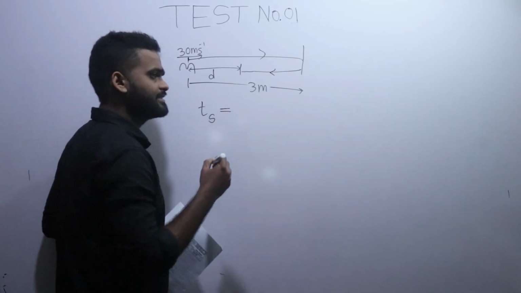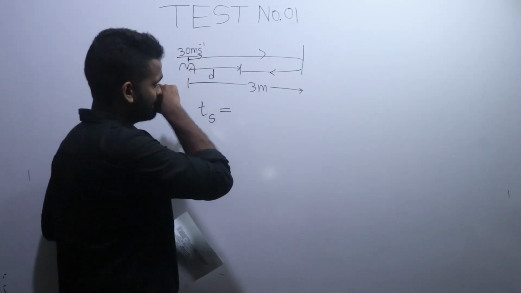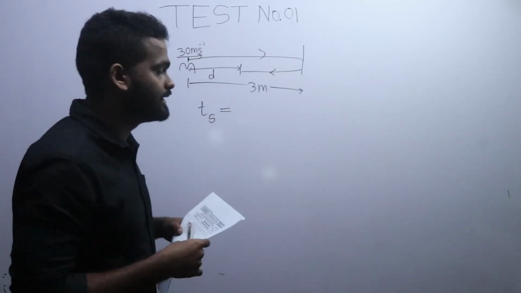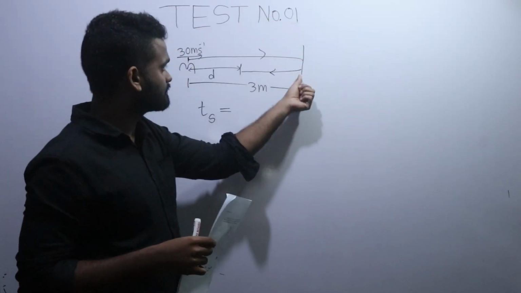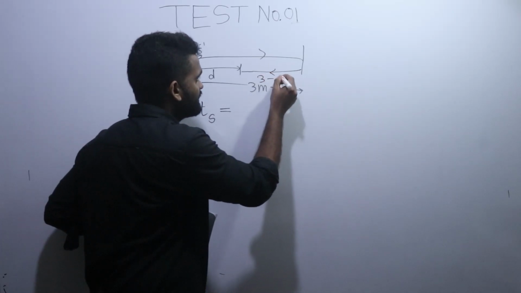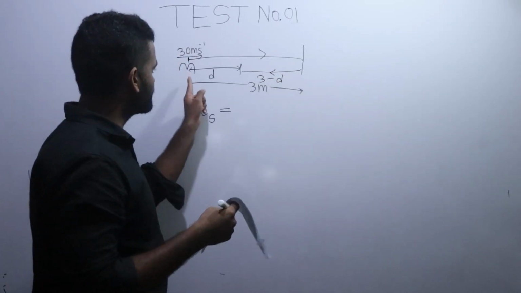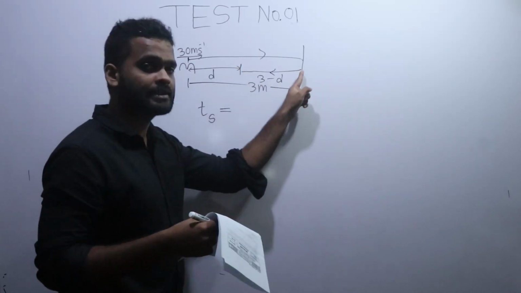So I'm using S equals ut. So the total distance that sound wave moved is, this distance is 3 meters. Then this distance, I can say that distance to be 3 minus d. Because 3 meters is from here to here, then this is d, then this should be 3 minus d.